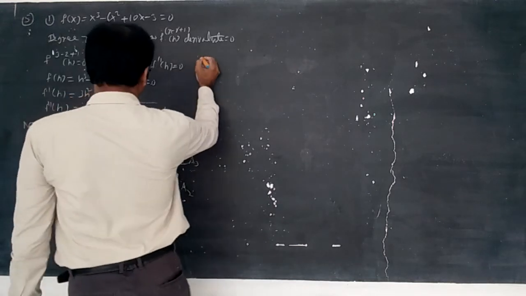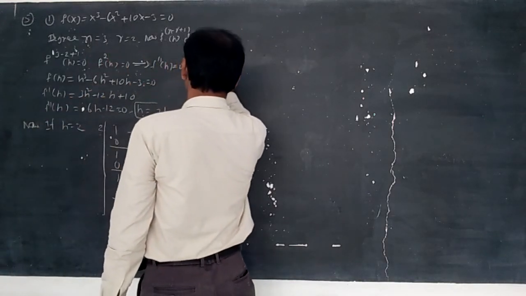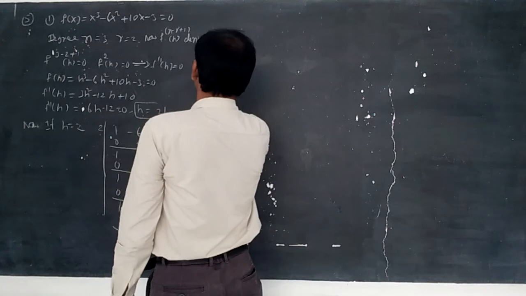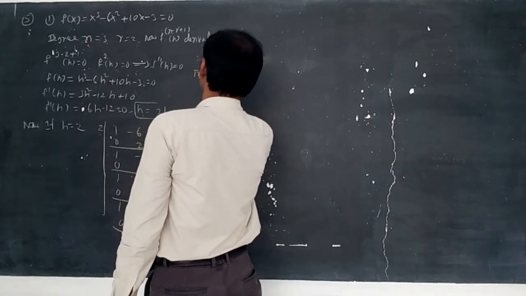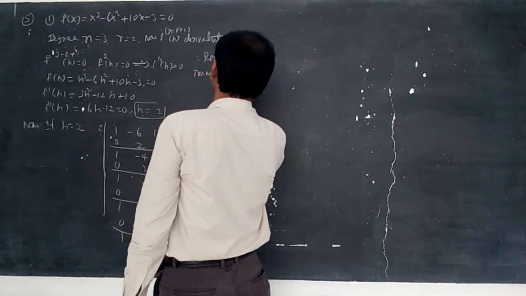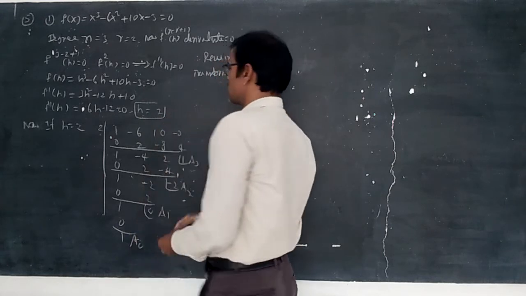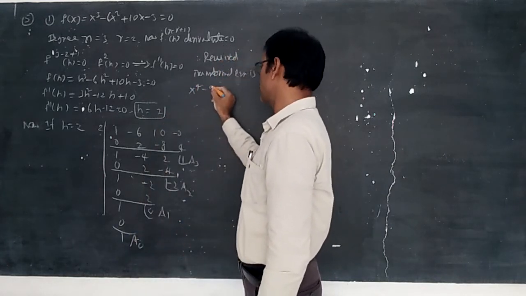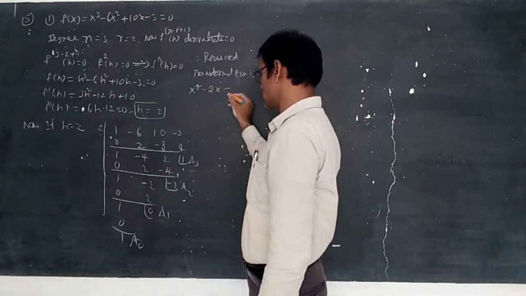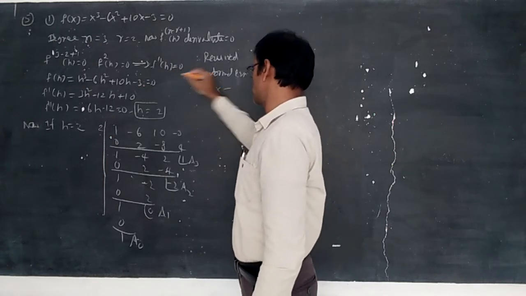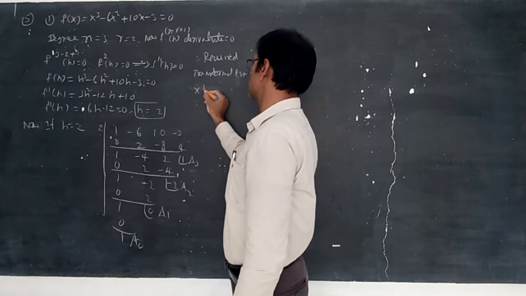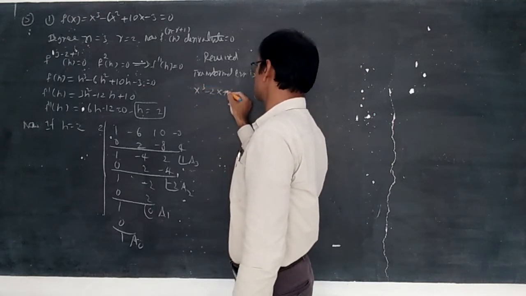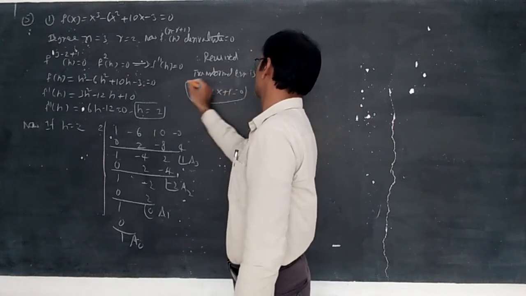Therefore, the required transformed equation is x cube minus 2x plus 1 is equal to 0.